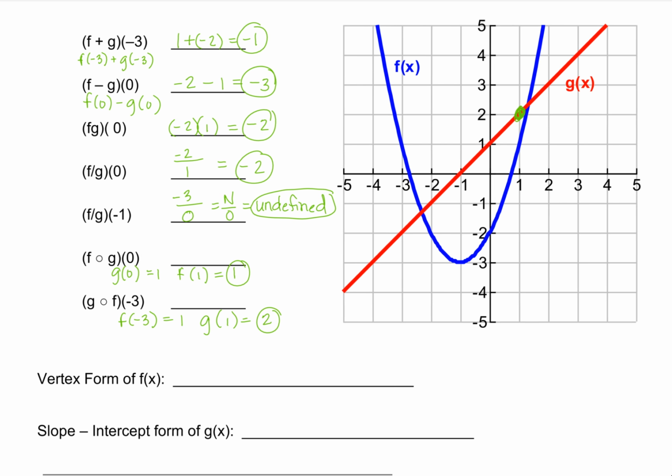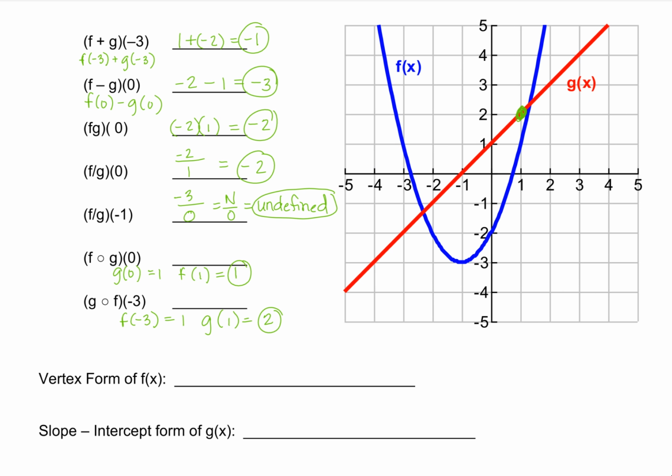Now, it actually wants us to find the vertex form and the slope-intercept form. Well, remember, vertex form is a of x minus h squared plus k. And of course, this one is y equals mx plus b. All right, so to find that, I need to find my point, right?